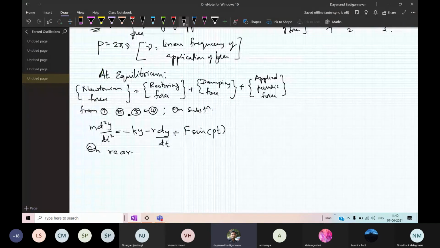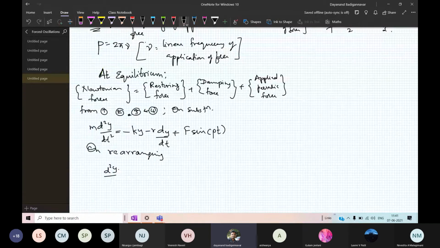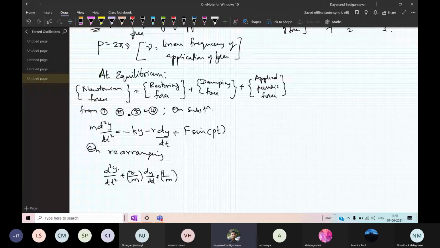On rearranging, I will take m to the left hand side and rearrange. That gives d2y by dt square plus r by m dy by dt plus k by m into y is equal to F by m into sine of pt.